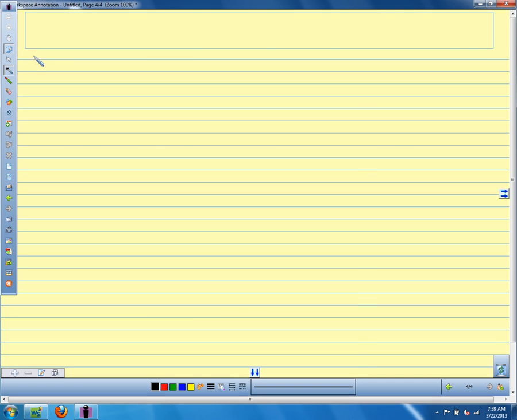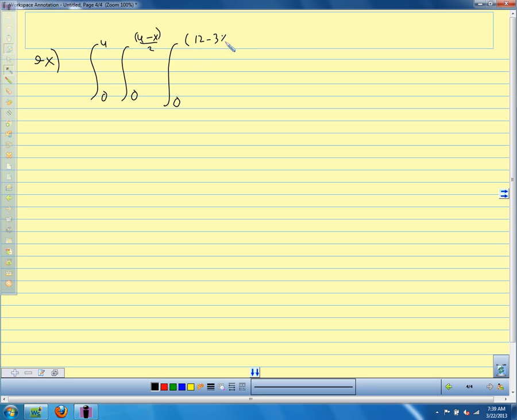So let's say we have the triple integral 0 to 4, the integral 0 to (4 minus x) over 2, and the integral 0 to (12 minus 3x minus 6y) over 4 of dz, dy, dx. And we want to sketch the region.